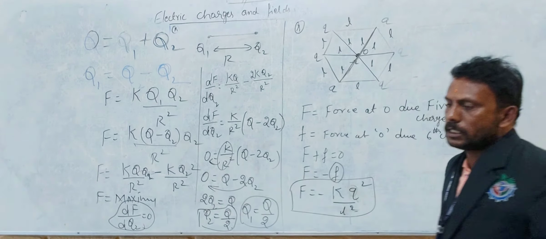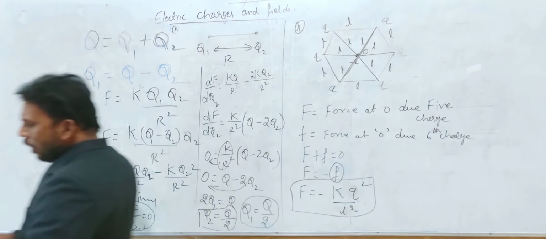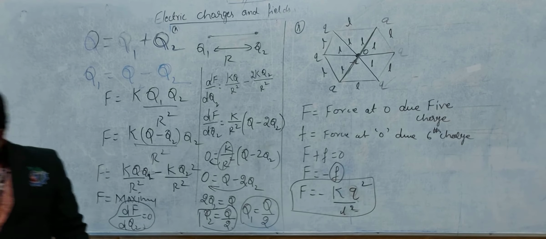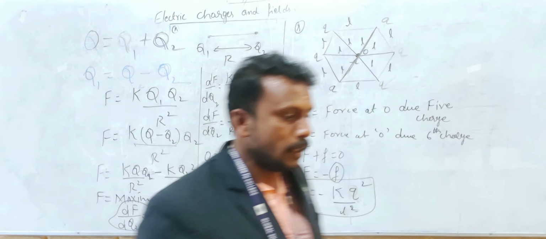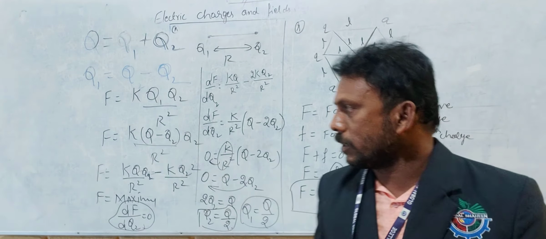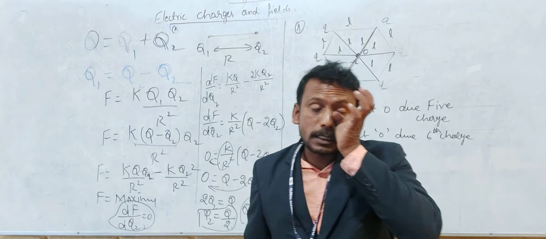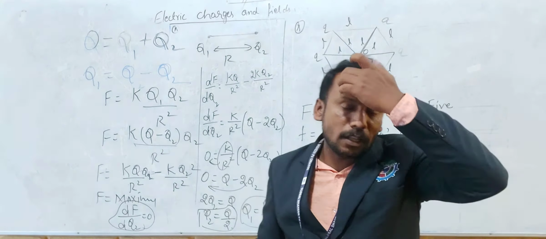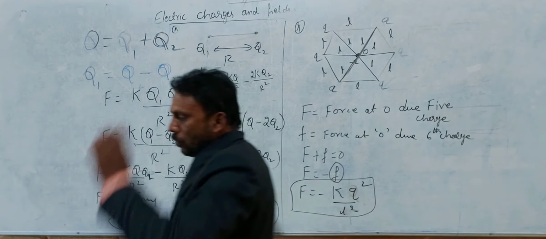Okay. Next observation is, for example, consider two charges. One is plus 1 microcoulomb and another one is plus 5 microcoulomb.